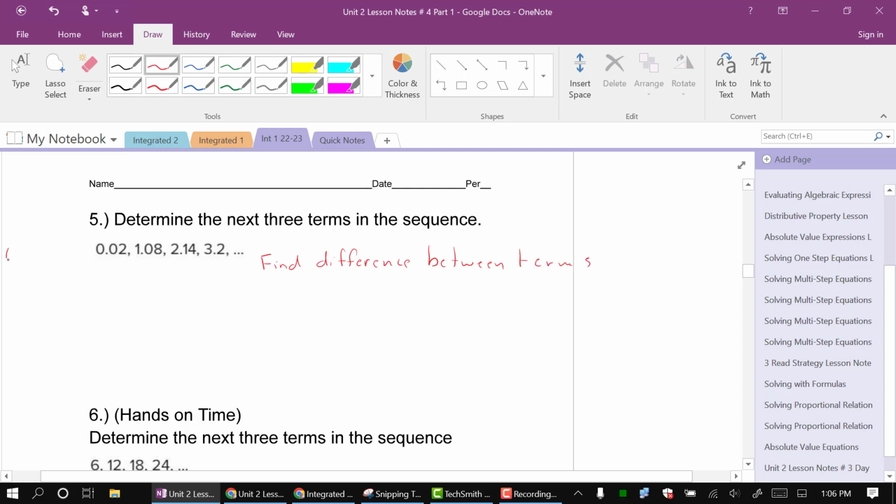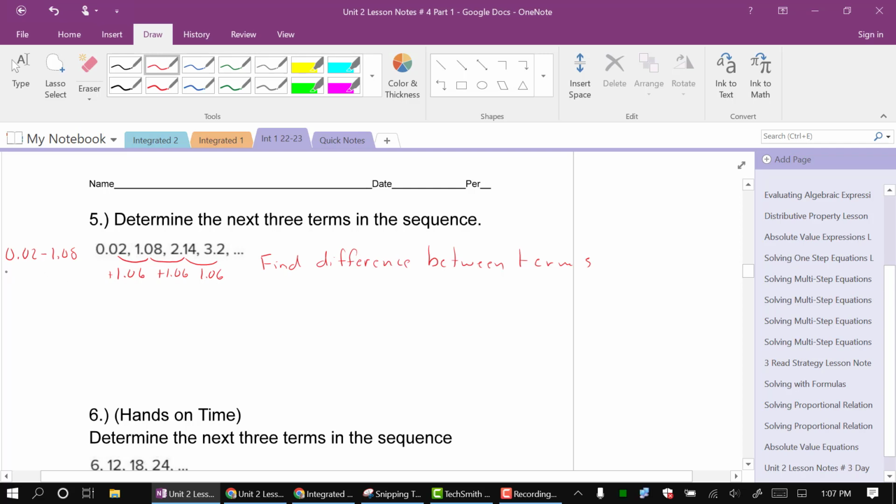So I can take 1.08 and subtract 0.02, and that's going to give me 1.06. So we're adding 1.06 to go up, then we're going to add 1.06, and then we're going to add 1.06. One way is you can figure out the difference between these two.